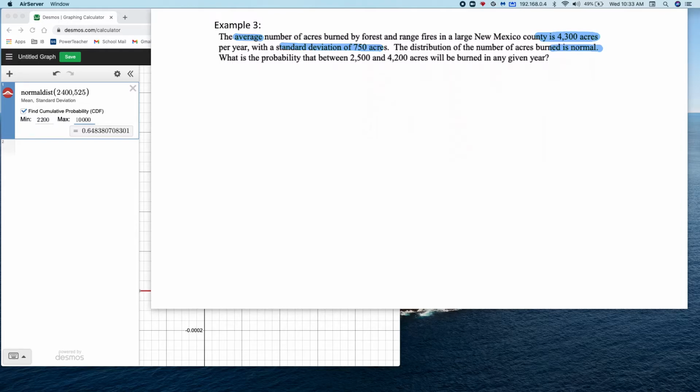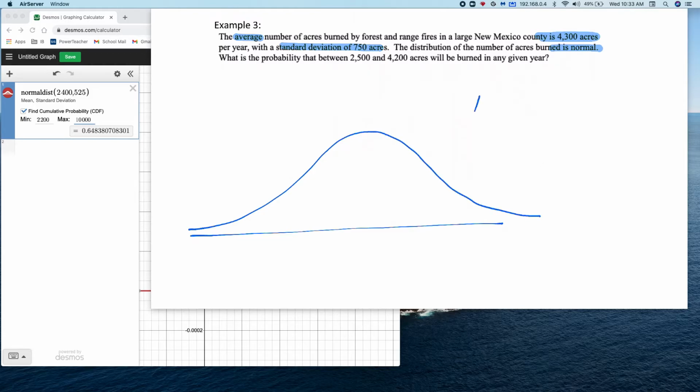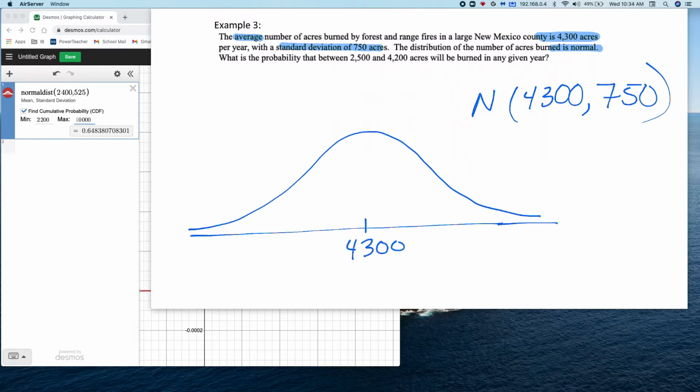So we know we have a situation where we have a normal curve that looks like this. We know it's normal, we know our mean is 4,300, and we know our standard deviation is 750. That's the key thing. So on our graph here, we know this is 4,300. Now we're trying to figure out the probability that we're going to be between 2,500 and 4,200.